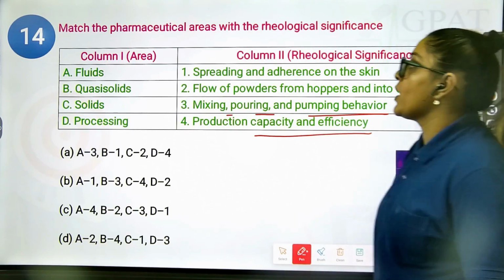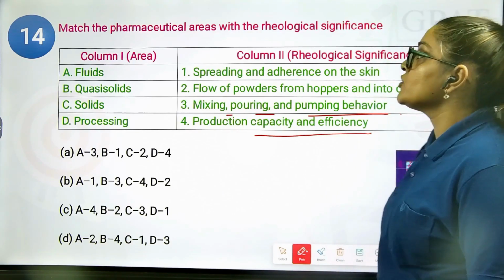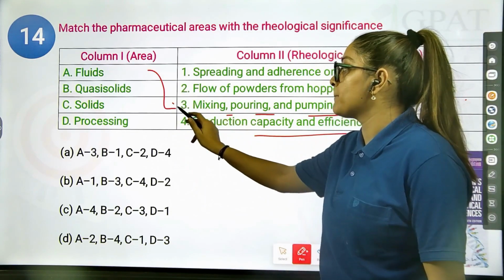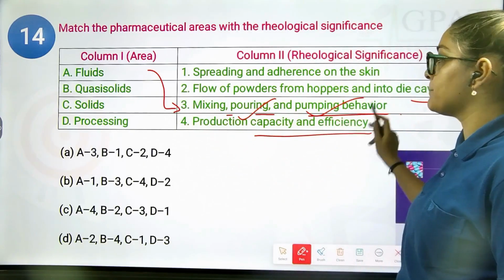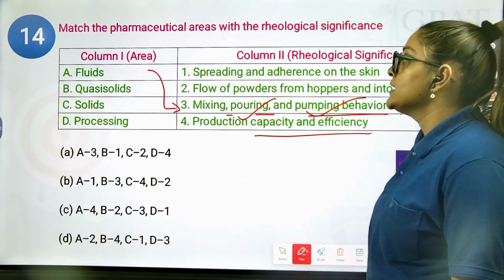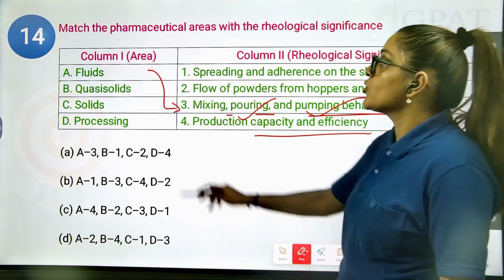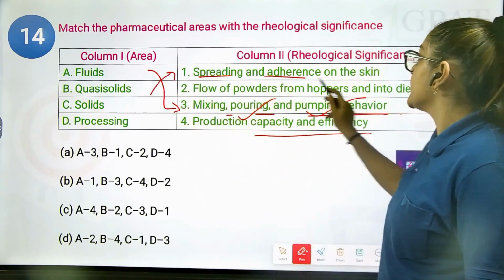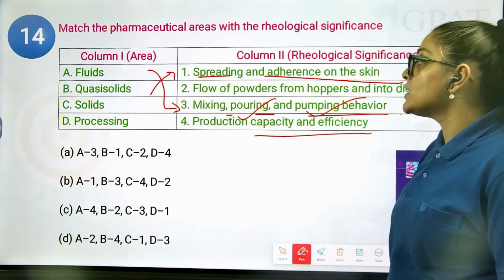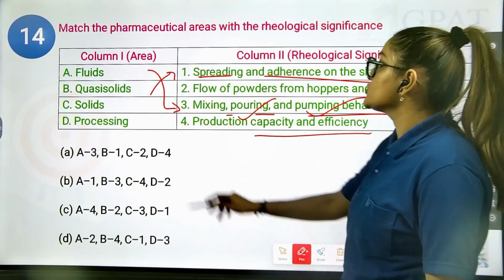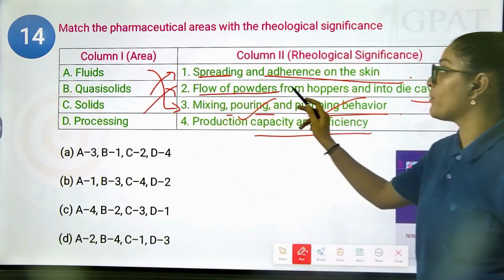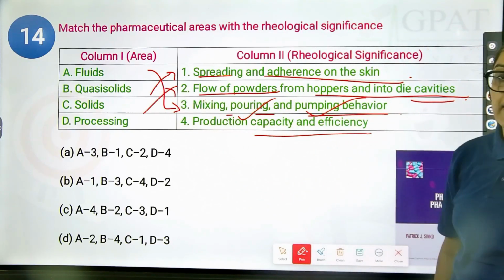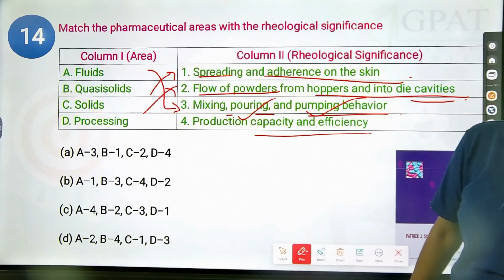So, number one, fluids: you can mix the fluids, you can pour the fluids, you can see their behavior, right? Then quasi-solids show the spreading and adherence to the skin. Third would be the solids, where we have the flow of powder from the hoppers into the die cavity, right?